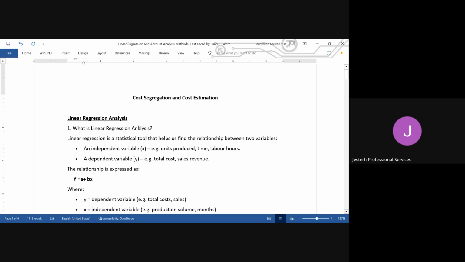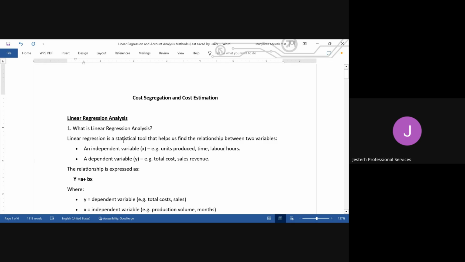One or two people among us might be familiar with what linear regression is all about. It's a well-known statistical tool that we usually use to find a relationship between two variables, where we have independent variables and then dependent variables.